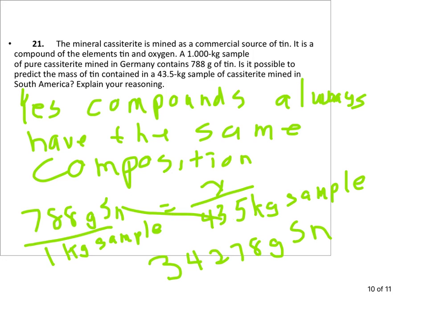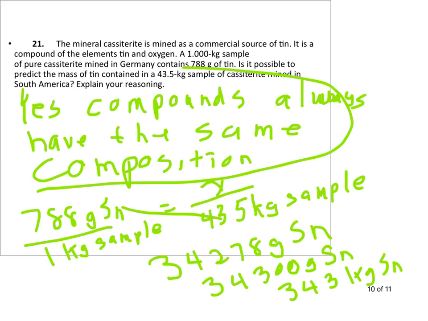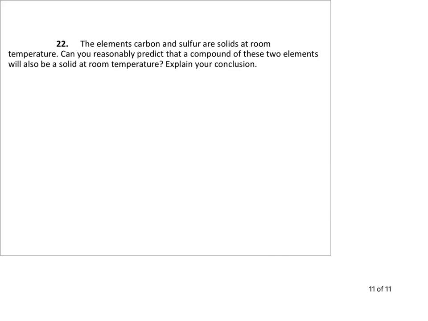Now we should only have 3 sig figs, so I'll round it to 34,300 grams of tin, or switching to kilograms, 34.3 kilograms of tin. But our answer is really up here. It's all you had to have. A little extra stuff down there.